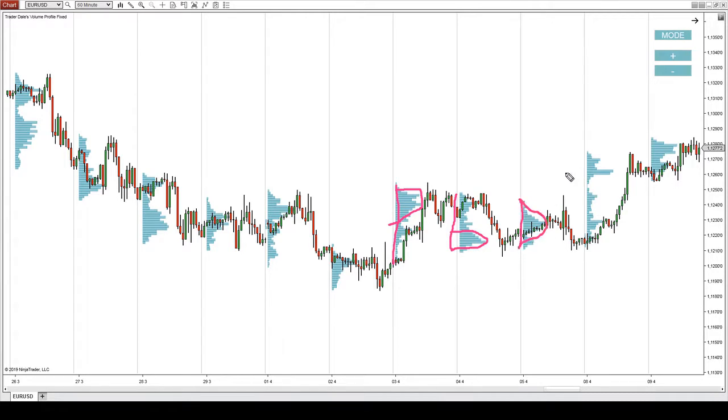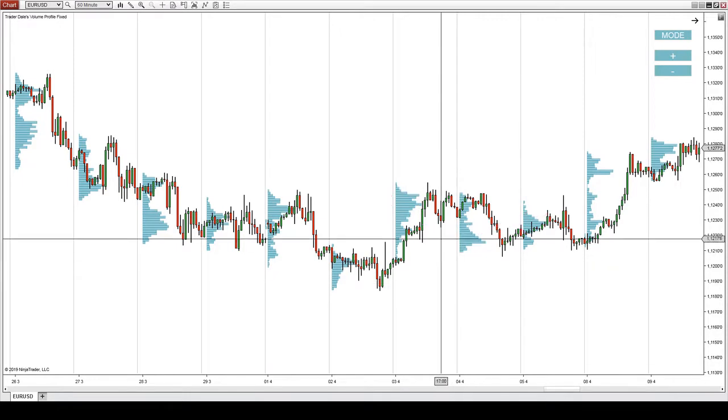And what I wanted to show you is that this is what usually happens when there is a P and then there is a B. Usually the price is just rotating and creating one big D shape. Alright, so the volumes shift from upwards to downwards and then usually to the center.